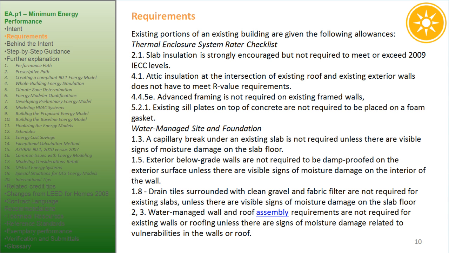Drain tiles surrounded with clean gravel and fabric filter are not required for existing slabs, unless there are visible signs of moisture damage on the slab floor. 2.3. Water managed wall and roof assembly requirements are not required for existing walls or roofing unless there are signs of moisture damage related to vulnerabilities in the walls or roof.